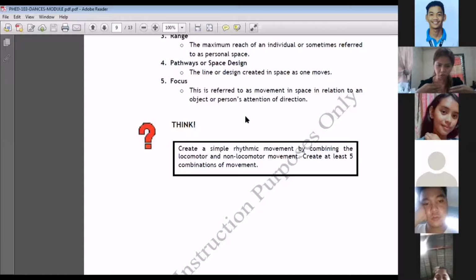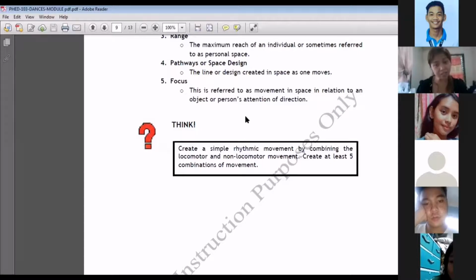Our relation to a certain point or direction, or our relation to ourselves, to our partner, or to any of the dancers that are performing with you. So how could that give us the benefit not to incur any mistakes? Anyone? Spatial awareness.